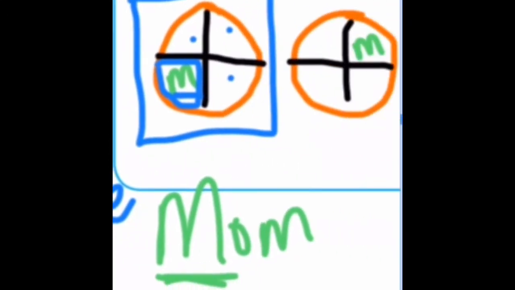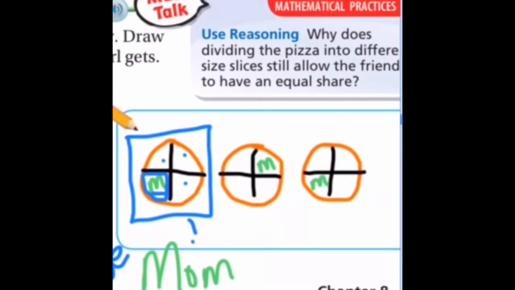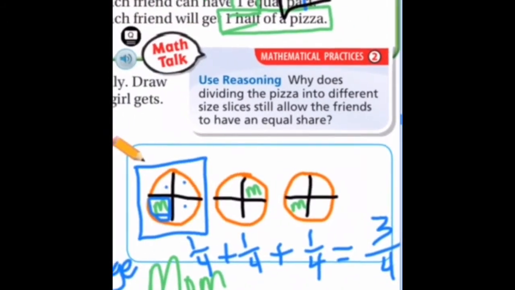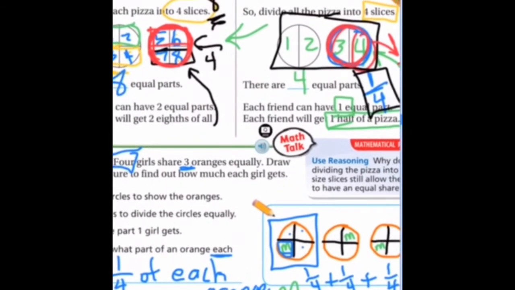So she gets a total of 1/4 here. She gets 1/4 of this orange and 1/4 of that orange. So if we add those up, 1/4 plus 1/4 plus 1/4 equals 3/4. She gets 3/4 of an orange total, but she gets 1/4 of each orange.